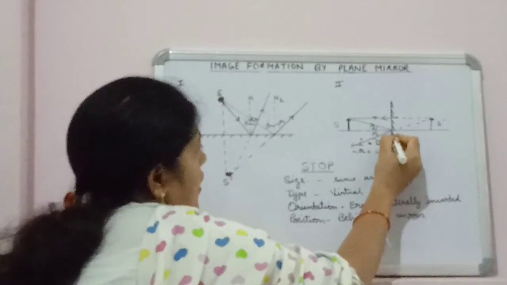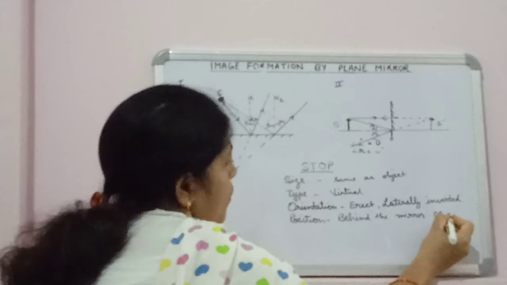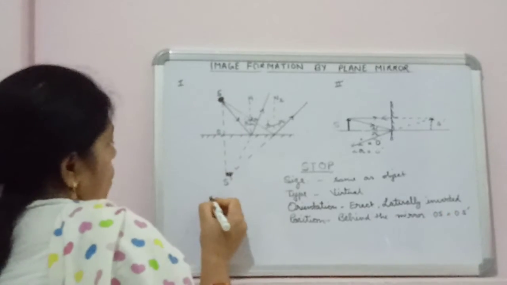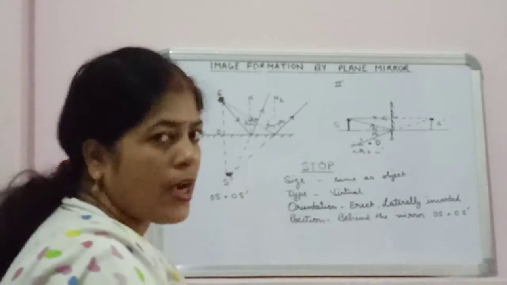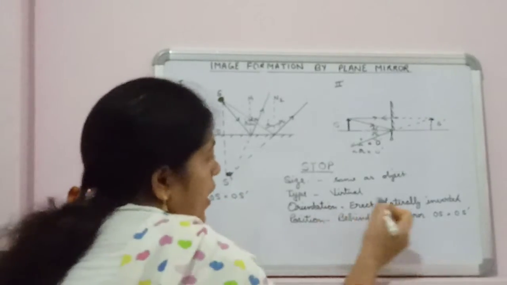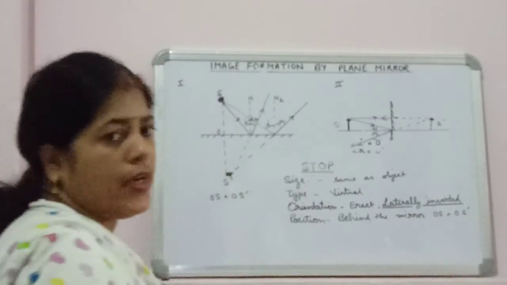The object distance, suppose this is O, so OS is equal to OS dash. Here also OS is equal to OS dash. Lateral inversion, in the orientation, you can see here it is written laterally inverted.